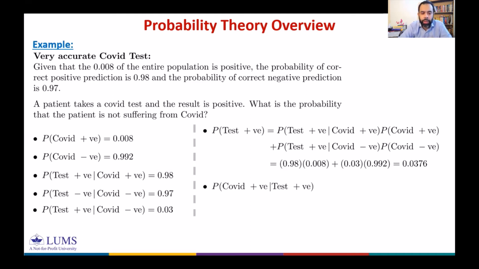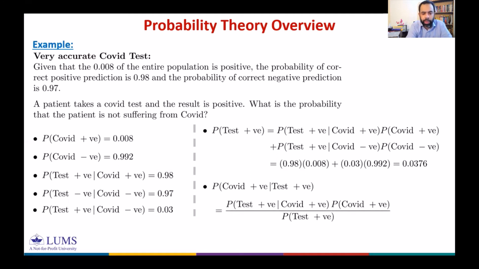We want to find out what is the probability that the person is actually suffering from COVID, given the test turns out to be positive. So using Bayes' theorem, we can write this as probability of test positive given COVID positive times probability of COVID positive divided by probability of test positive.